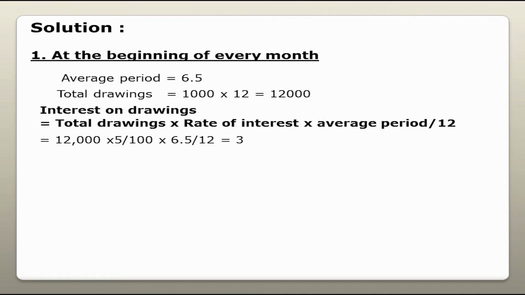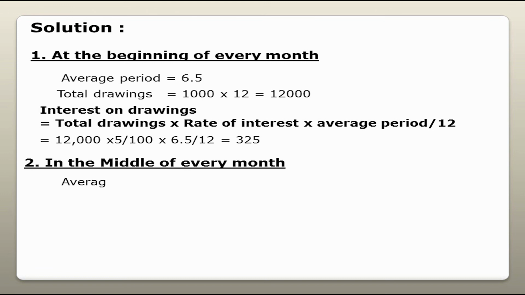So 12,000 into 5 by 100 into 6.5 divided by 12, you get 325.